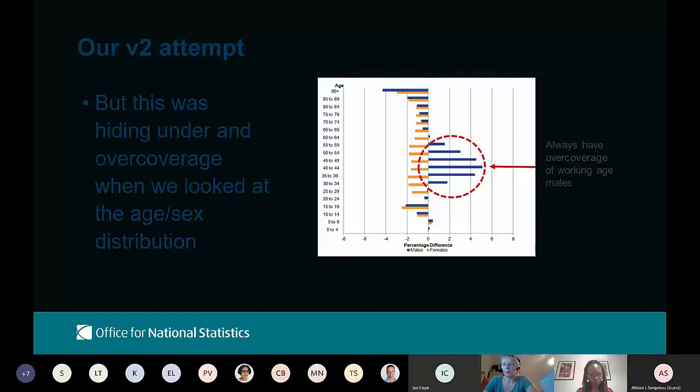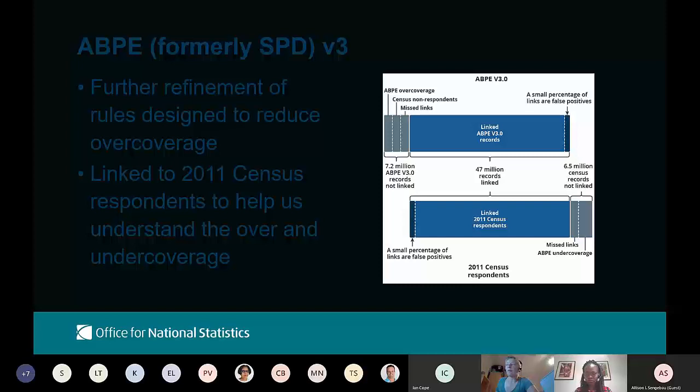But for women and children and older people, their estimates were lower. So those grey areas were hiding lots of under and over coverage when you started to look at the demographic makeup of the population. That's one of the things that prompted us to move on and do our version 3.